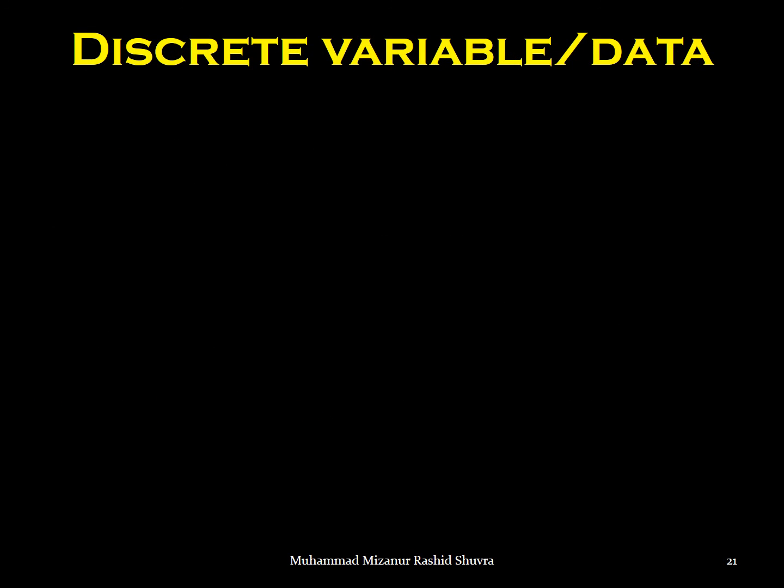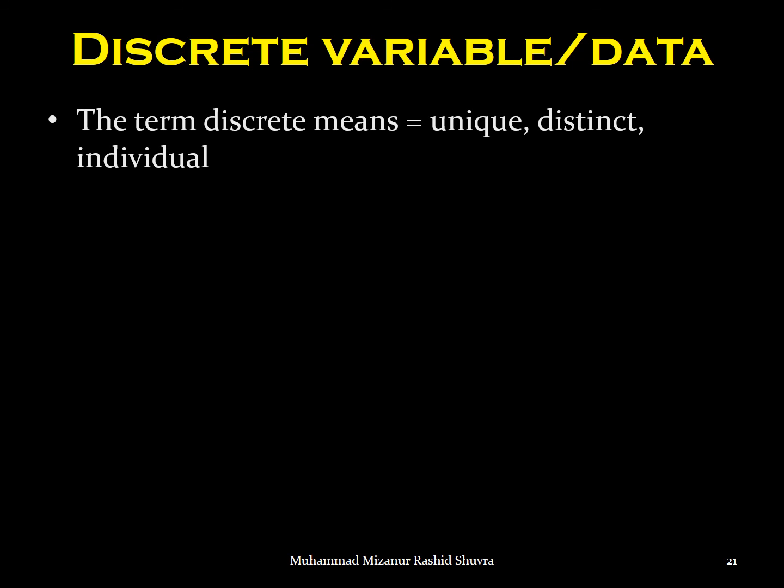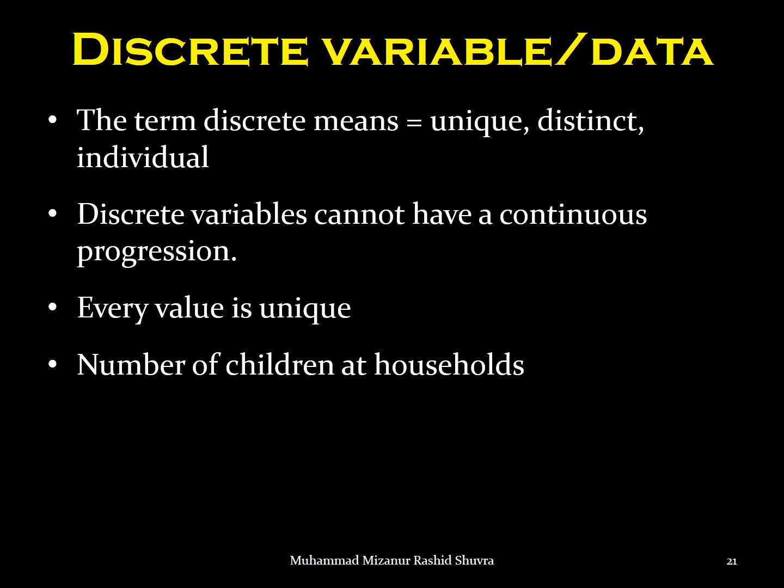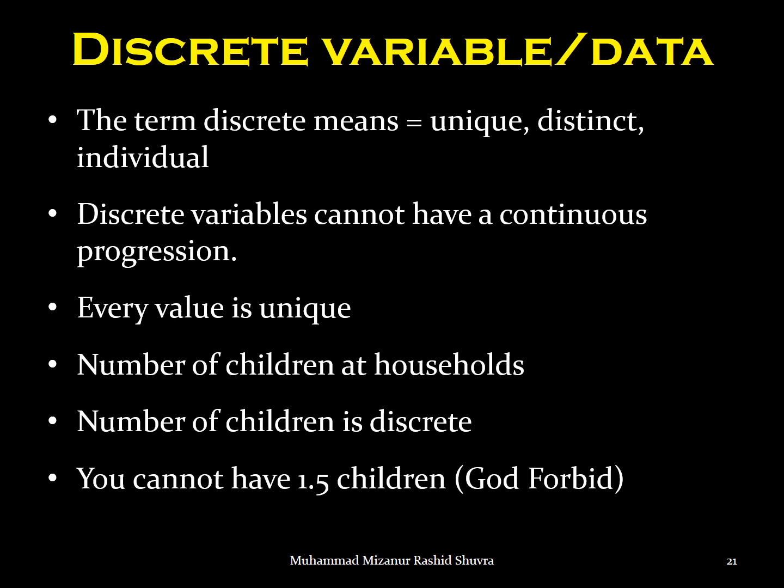Okay, discrete variables. Easy. Discrete is unique, distinct, individual. So discrete variables cannot have a continuous progression. It has to go step by step, cut. Okay, every value is going to be unique. Number of children in households, God forbid, but you cannot have a number of continuous children. You cannot have 1.5 children.